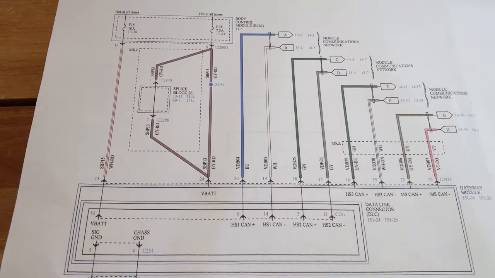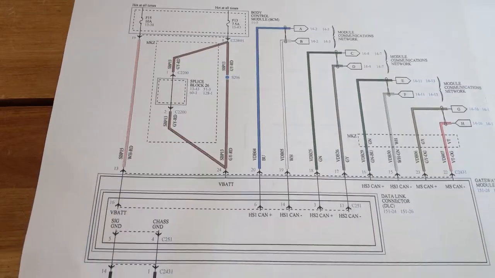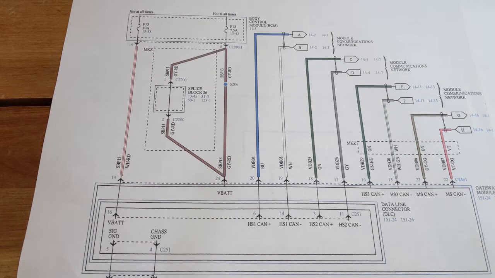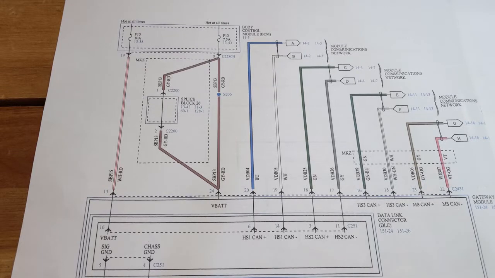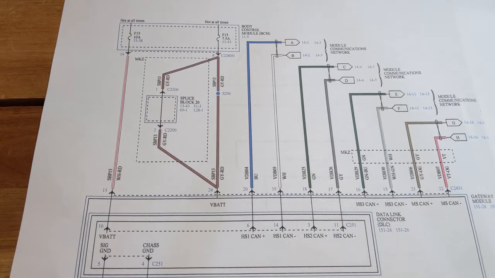It wouldn't be easy to pinpoint the problem just by looking at codes. You can sort of look down the code list and see what the majority of them are pointing to, but when you have a module failure with so many different modules talking to each other, it can get a little bit difficult to pinpoint exactly which module has failed, which one isn't communicating.